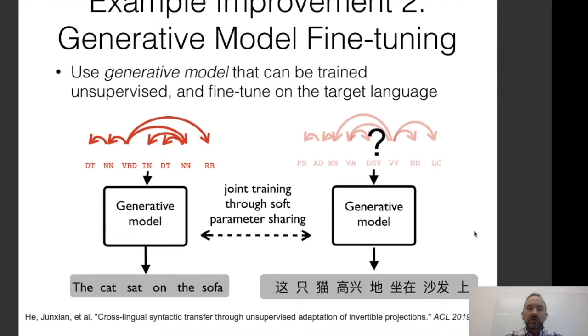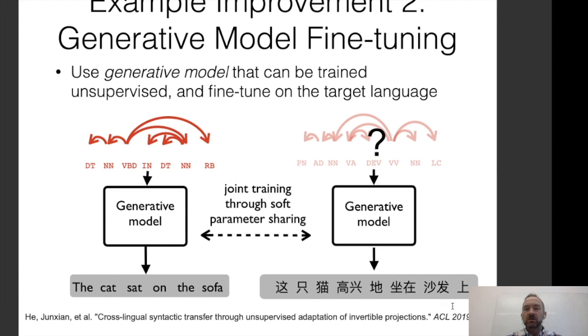So another example of an improvement you can make to cross-lingual dependency parsing is the use of a generative model that can be trained unsupervised. And the idea here basically is we train this generative model on the language that we are transferring from, say English, but then we take it to another language, for example, in this case, Chinese.